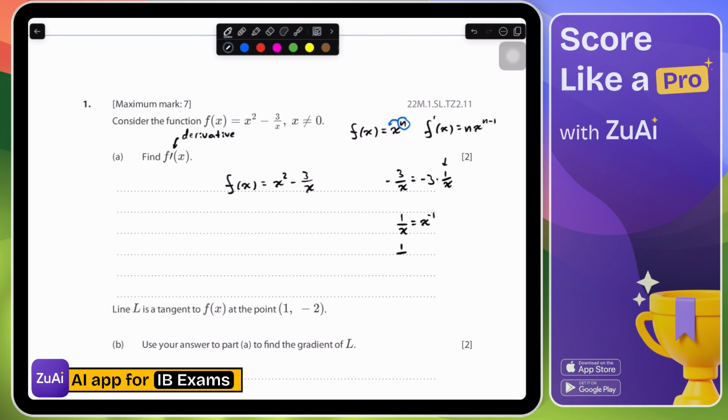Then further on, if we had a different question, 1 over x squared would be x to the negative 2, or 1 over x to the nth power would just be x to the power of negative n.